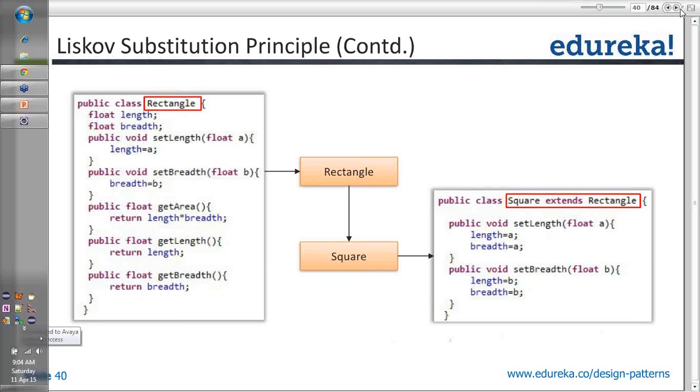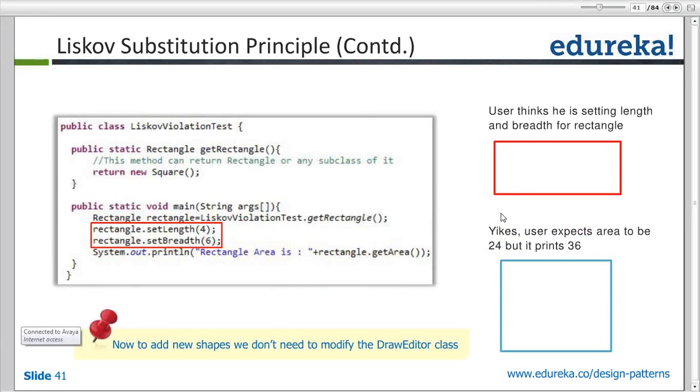What will be interesting to see is what happens to the client who is saying get me the rectangle, right? And then the client is going to say set the breadth and set the length, and since the client is thinking rectangle, they are really going to say, okay, so my area may perhaps be maybe 24.